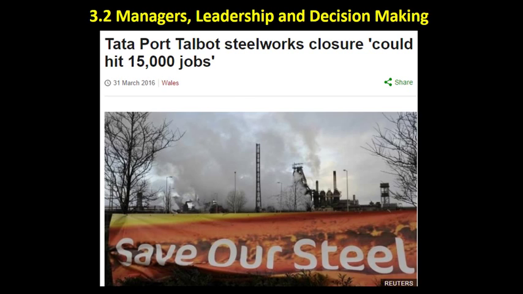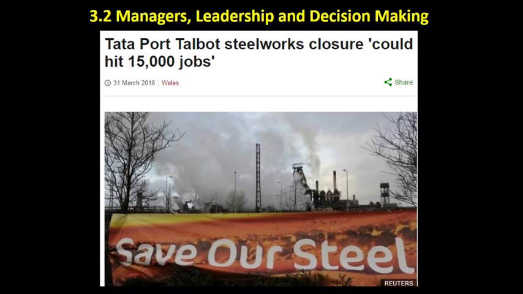And there was doubt over whether this steel plant would survive. It's owned by an Indian group called Tata, who are absolutely huge. The steelworks is only a very, very small part of their business, and they claimed that they were losing £1 million a day keeping the steelworks in Port Talbot running.